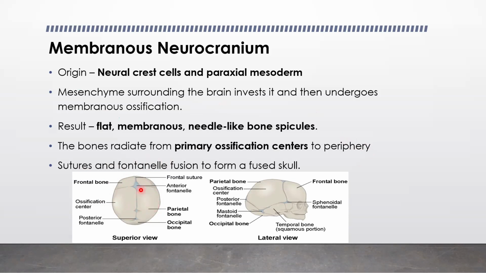At this point you can appreciate how the anterior fontanelle is formed. It's formed by two parietal bones and two frontal bones before the frontal bone fuses. And you can get to know the various sutures that you have.